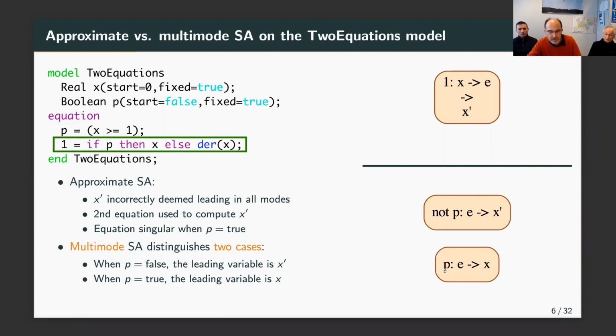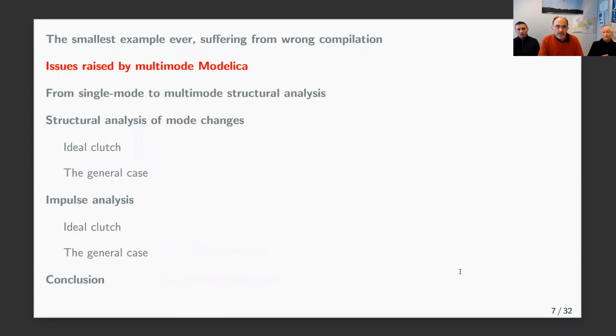But when p is true, the leading variable is x and not x prime. So we understand the difficulties and the limitations of current Modelica tools that do not implement an exact multimode structural analysis.